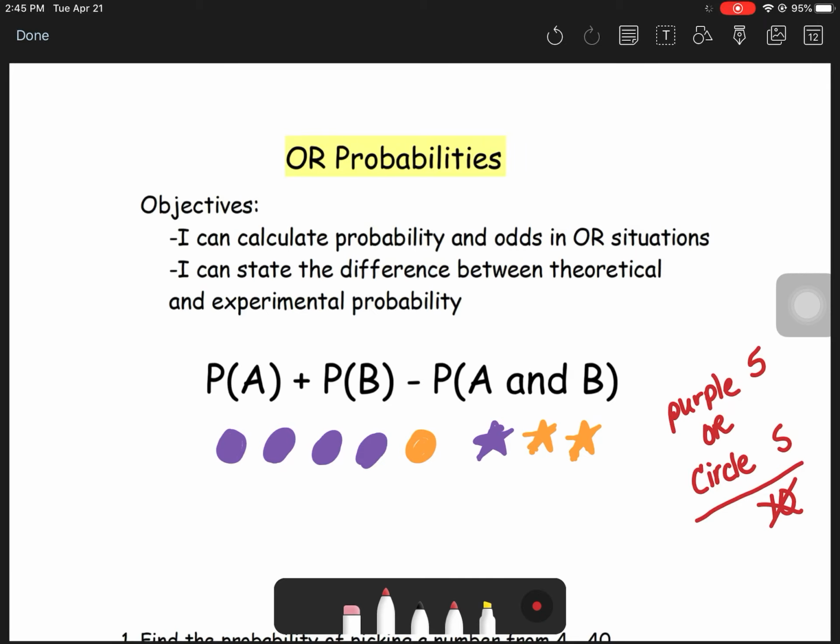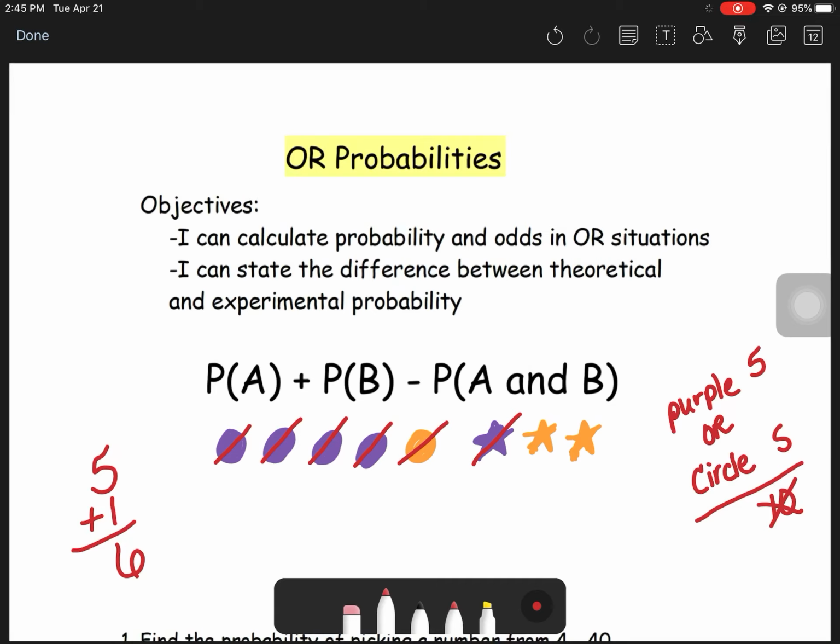So if we are going to count how many are purple or circle, the first thing I would do is count how many purples I have, which is 5. And then I would count how many circles I have that I didn't already count. So that means I have a total of 6 items that are purple or circles.